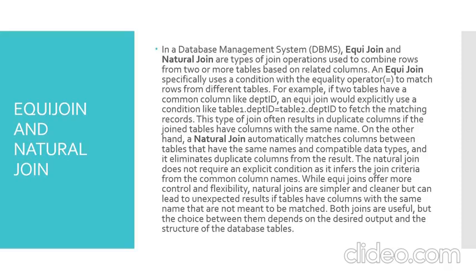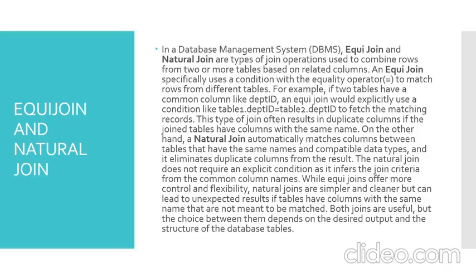While equi-joins offer more control and flexibility, natural joins are simpler and cleaner but can lead to unexpected results if tables have columns with the same name that are not meant to be matched. So I think equi-join is better than natural join because it is more flexible.